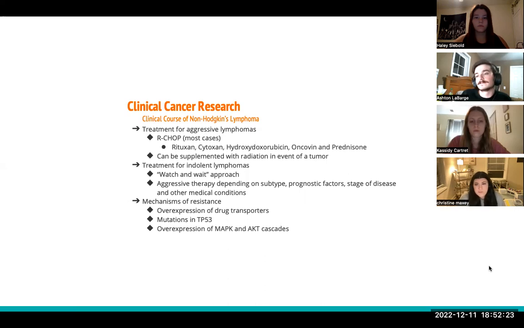Treatment for indolent lymphomas ranges from the watch and wait approach to aggressive therapy, depending on the subtype, prognostic factors, stage of disease, age, and other medical conditions. Mechanisms of resistance that NHL displays are overexpression of drug transporters, mutations in TP53, and overexpression of MAPK and AKT cascades.